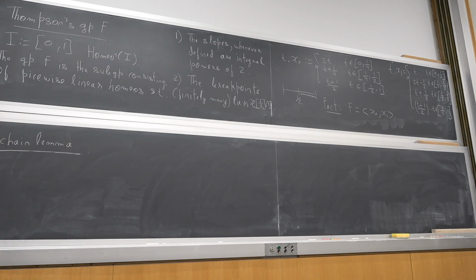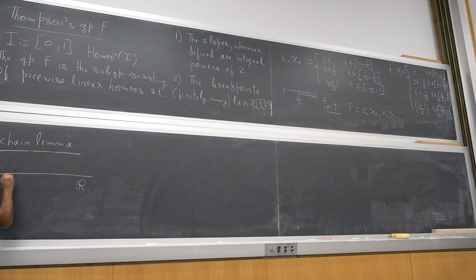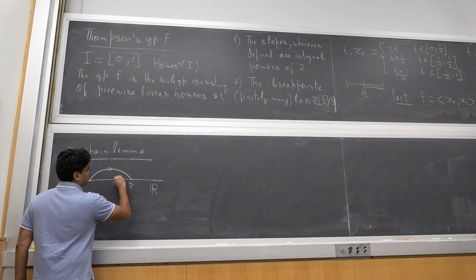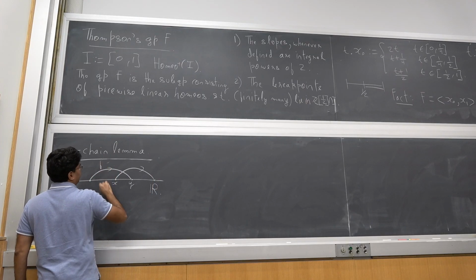So I'm going to draw a picture, and that picture will encode a certain group action. This is the real line. I'm going to fix 4 points. This point I will call x, and this one y. And I'm going to draw this arc, label this by f and this by g.